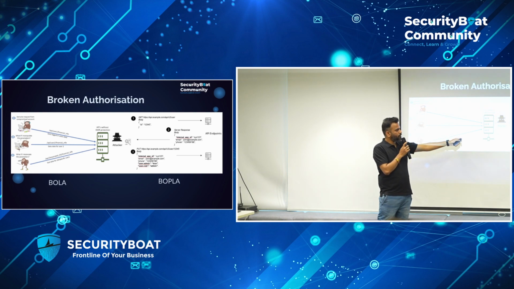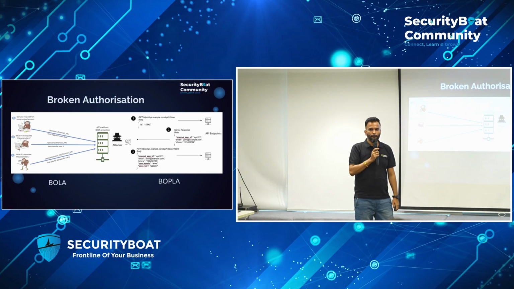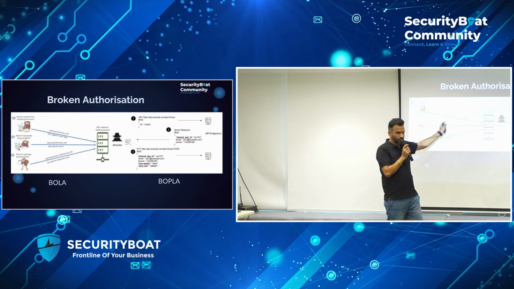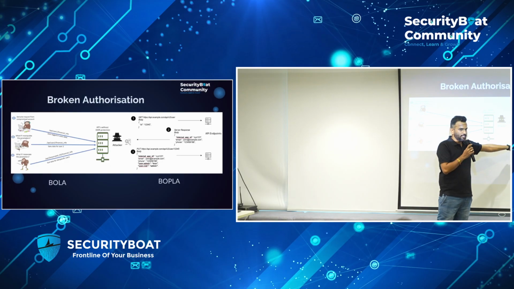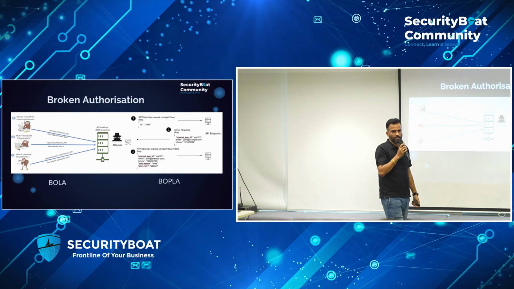So which type of authorization issue is this? This is also an authorization issue, correct? But which type? Property. Object property. This was an object, which is a user. The user's property is the object property. Now I am able to add additional fields in the object property. That's why it's called a broken object property level authorization issue.